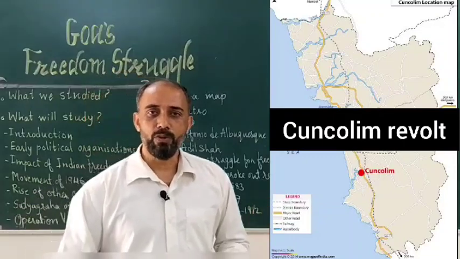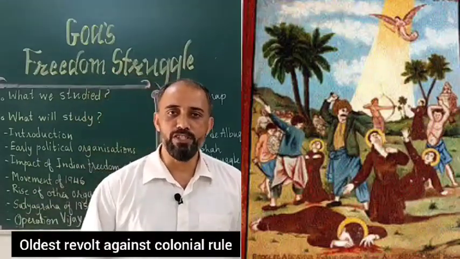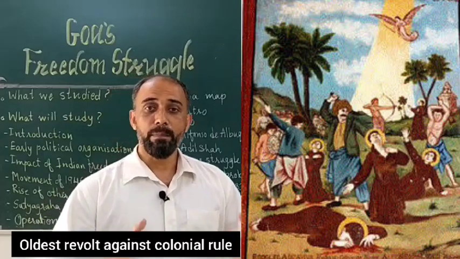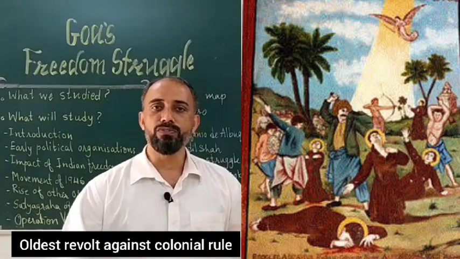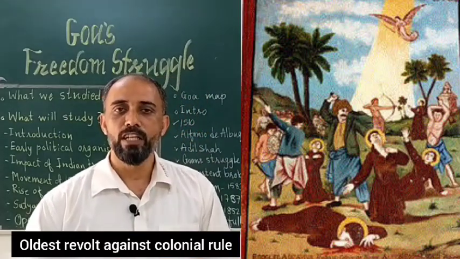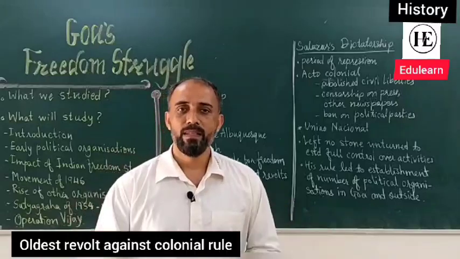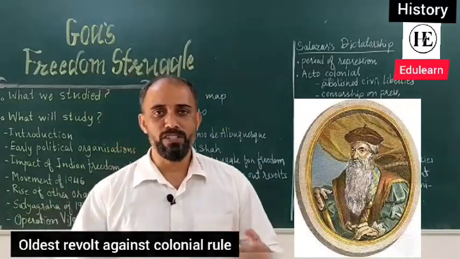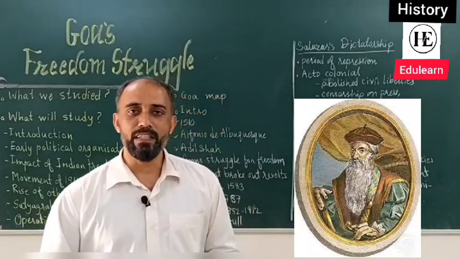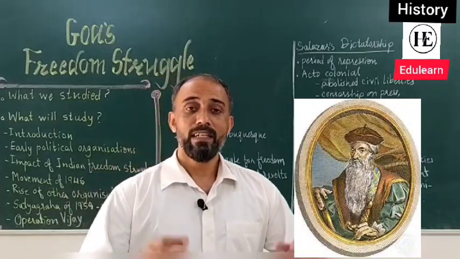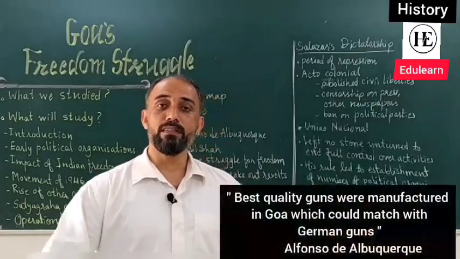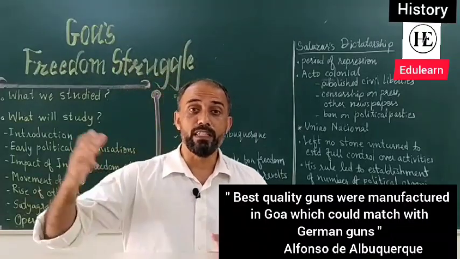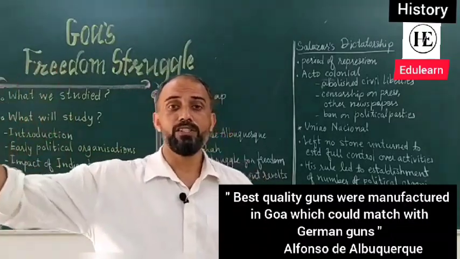The 5 priests who came with the policy of conversion and wanted to erect a church at Kunkolim, it was against the will of the local Kshatriya or the warrior class. There is a speciality of the Kunkolim people. When Alfonso de Albuquerque first came to Goa, he wrote somewhere in his documents that he found some guns equivalent to the guns manufactured in Germany.